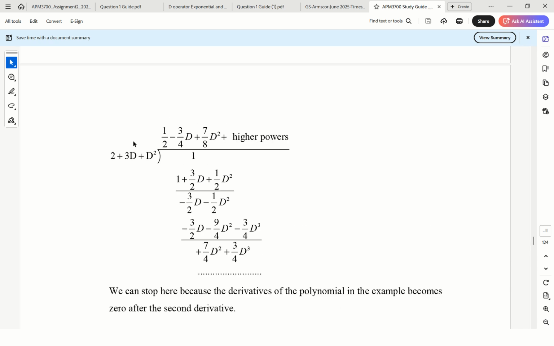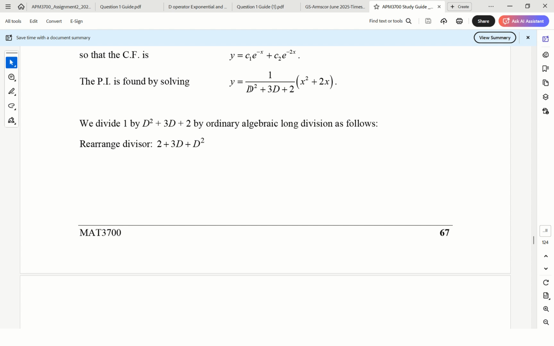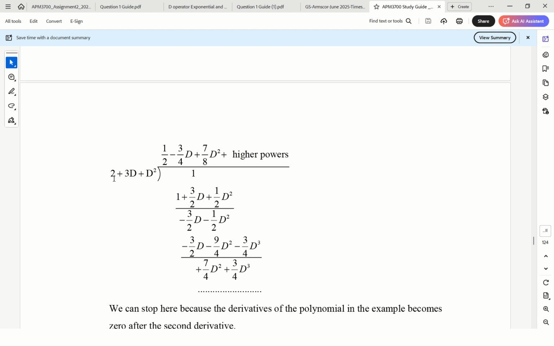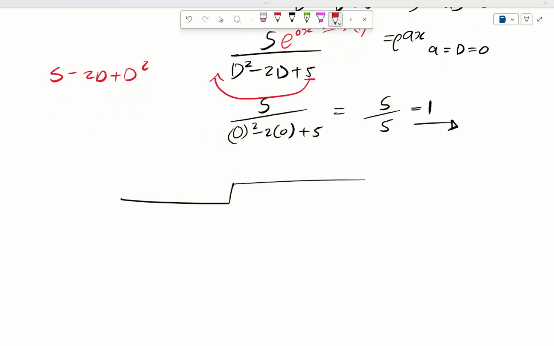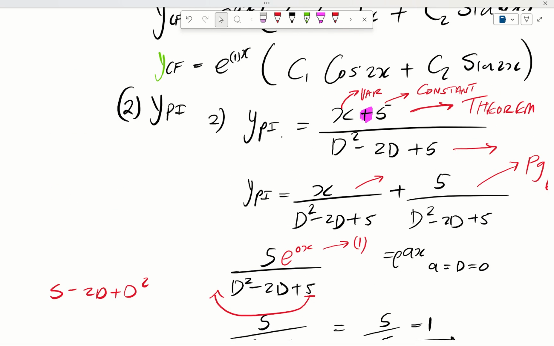Okay, so the reverse that I'm talking about is this one. The original was d squared plus 3d plus 2. When you do the long division, you reverse it. The reason they write 1 here is because we don't have d.